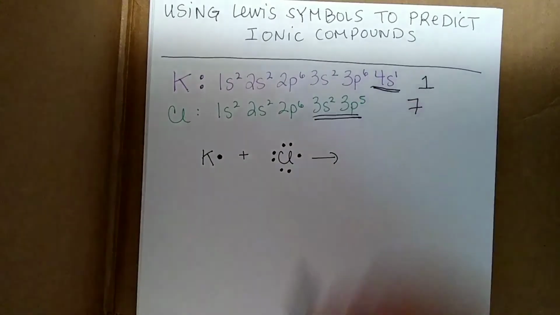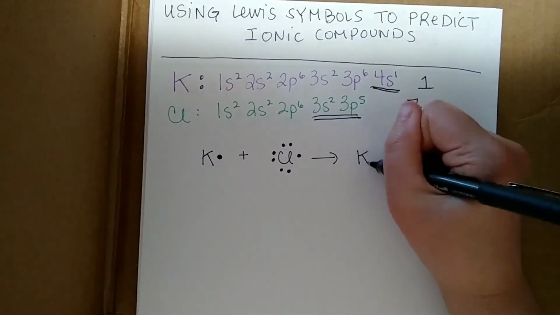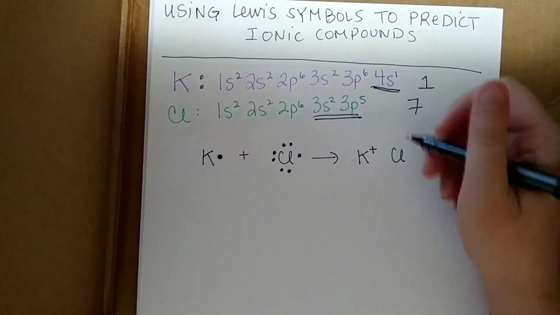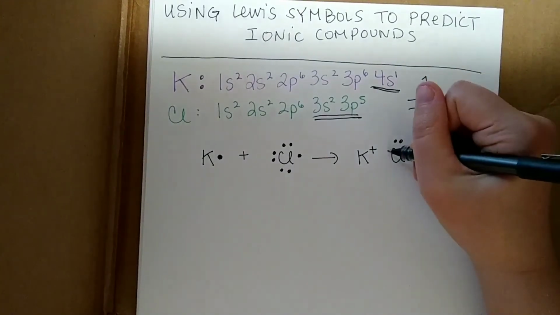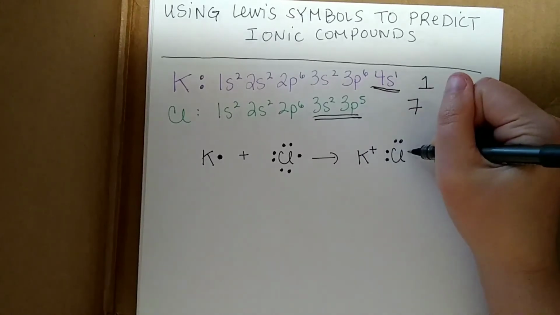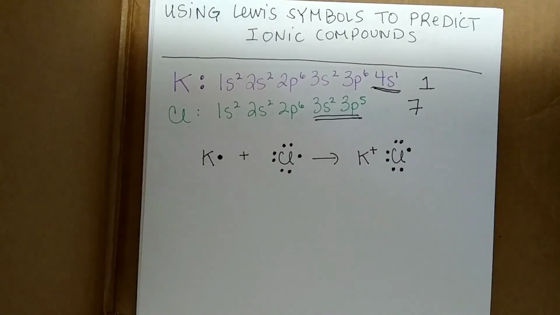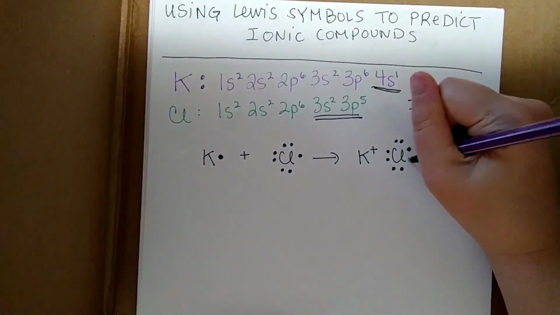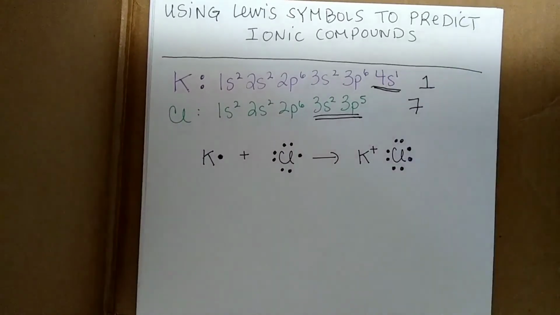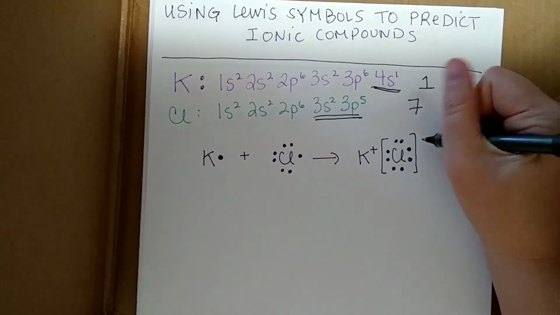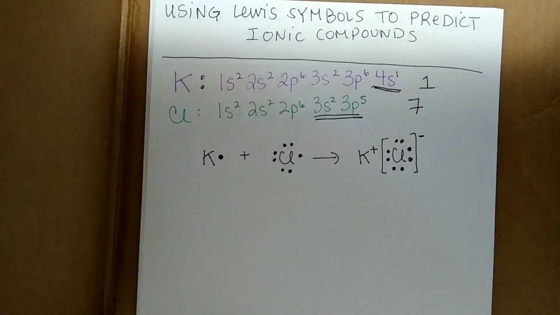I'll draw the plus here, and what we're going to end up with is K plus, as we know already, and then Cl is going to have 1, 2, 3, 4, 5, 6, 7, and it's going to have the extra electron that came from the potassium. And the way people typically represent this is by drawing brackets around the anion and putting the minus symbol.